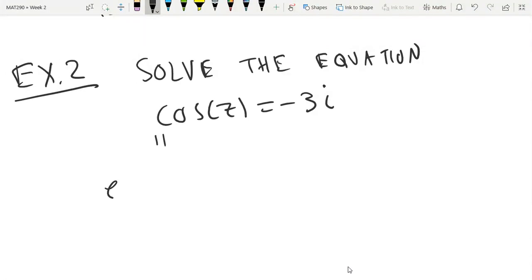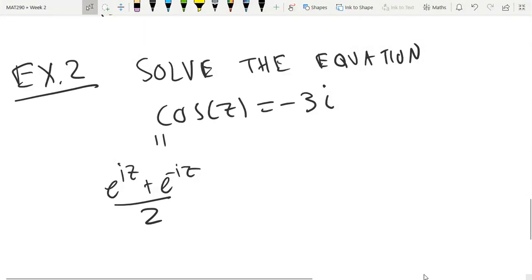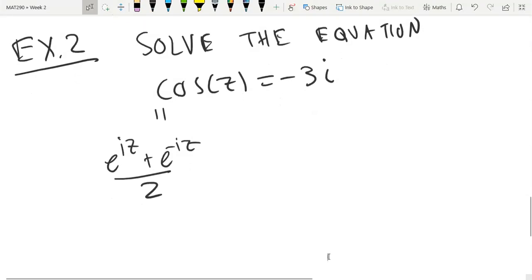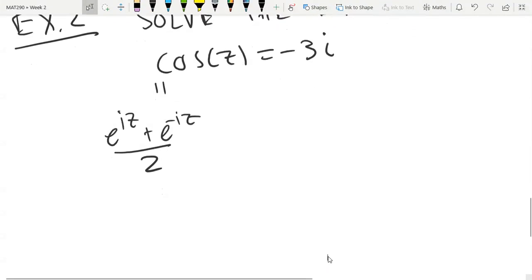This guy was defined as e to the iz plus e to the minus iz, over 2. So we want to find z. So how do we do this? First, you will get a quadratic equation.